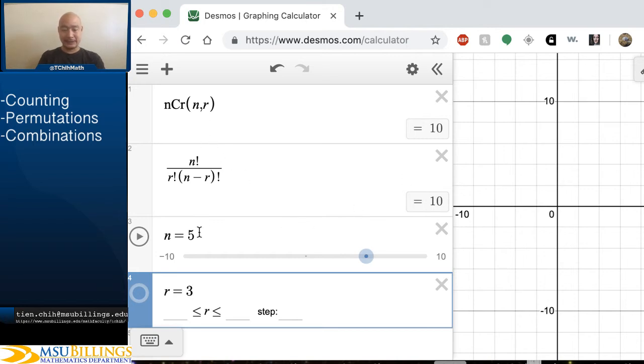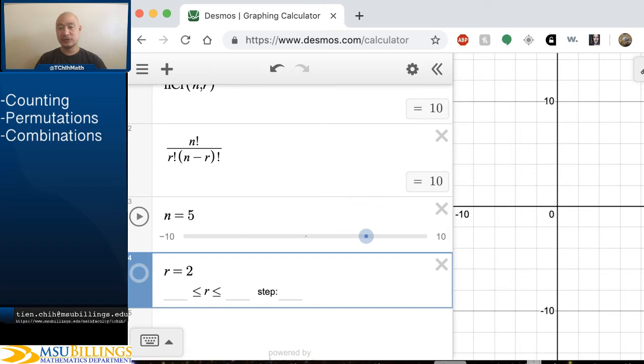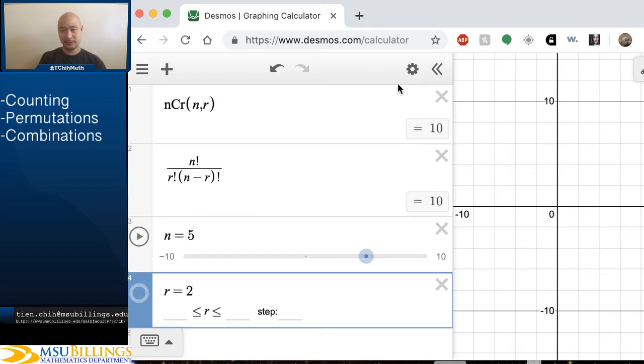When n is 5 and r is 2, we also get 10. Now this is a little curious, right? Because when we did permutations, those numbers would have been different. Here, they're the same. And so why would that be the same? Well, one way to think about it is algebraically.